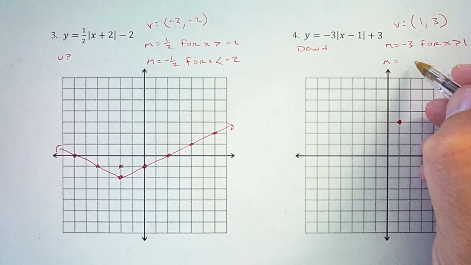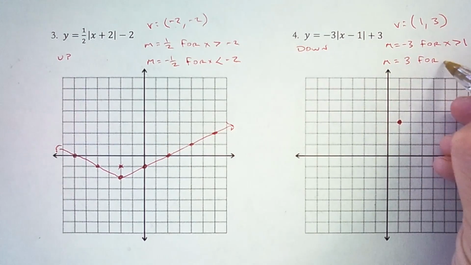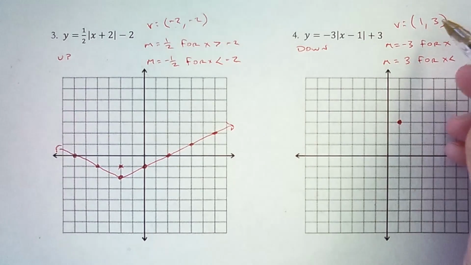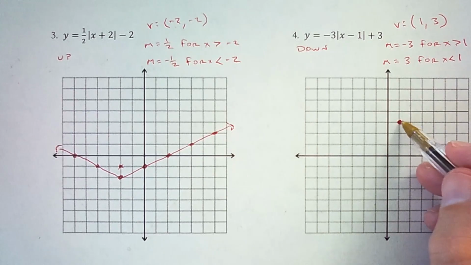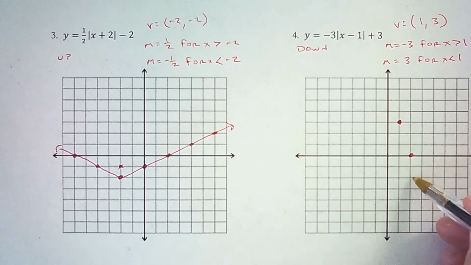And the slope on the left side is going to be the opposite. It's going to be positive 3 for the left side, so for x's that are to the left of or less than 1. Okay, so on the right side, negative 3, so that's down 3 and right 1.